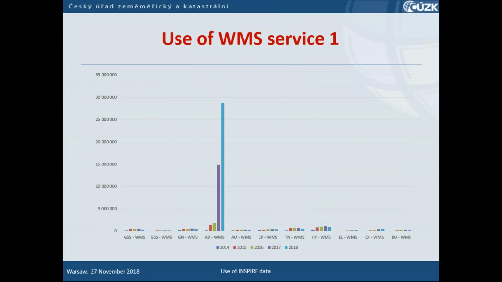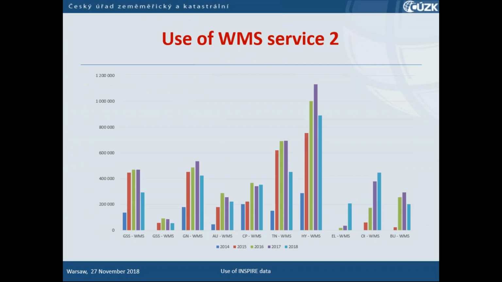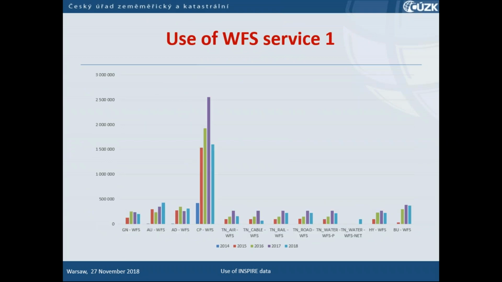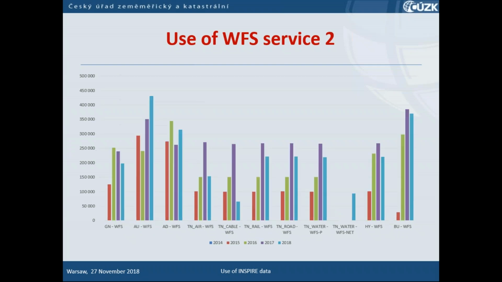There is an overview about our INSPIRE services. This is the same view services without addresses. And next one, there is a similar overview about online download services, and the same part as without cadastral parcels.